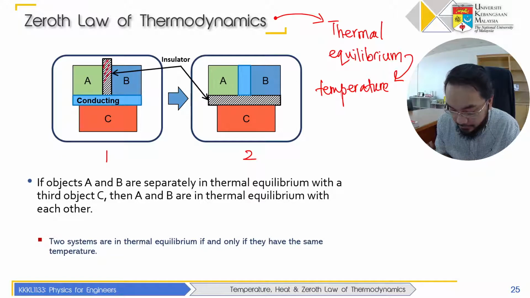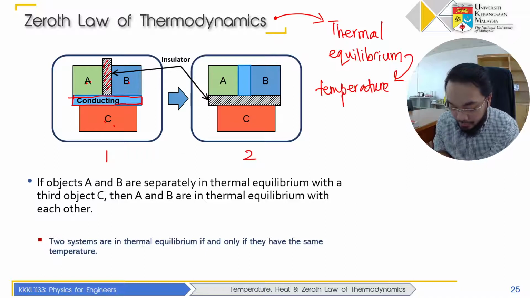This is the insulator. Both A and B are connected to C by a conducting plate in between them. This is a conducting plate. That means heat exchange can happen between A and C and also between B and C, but no heat transfer can directly occur between A and B.